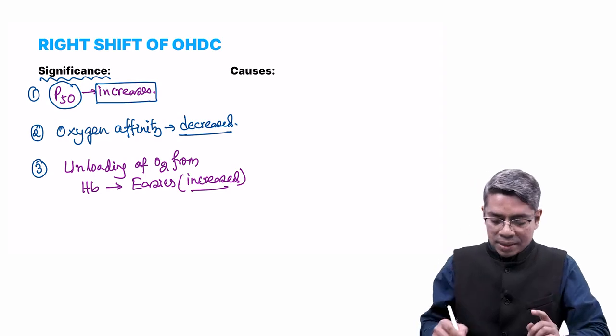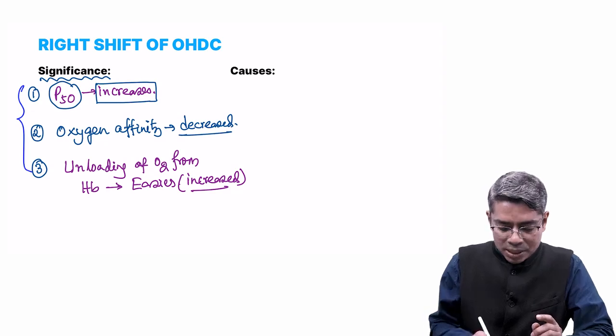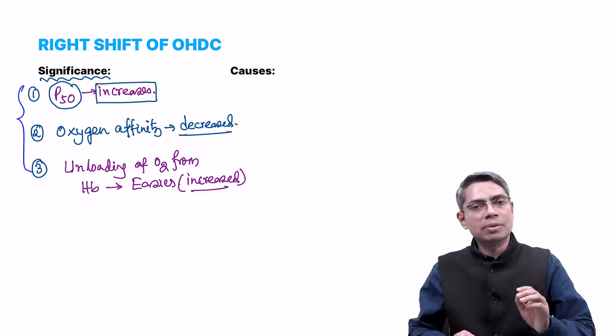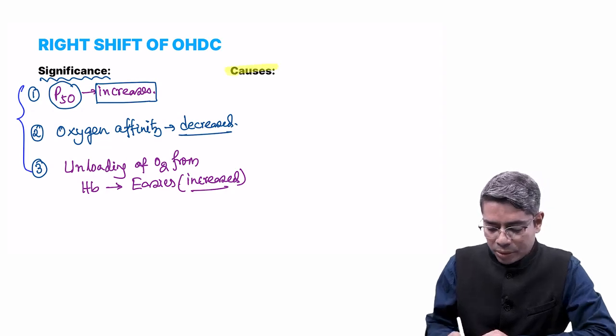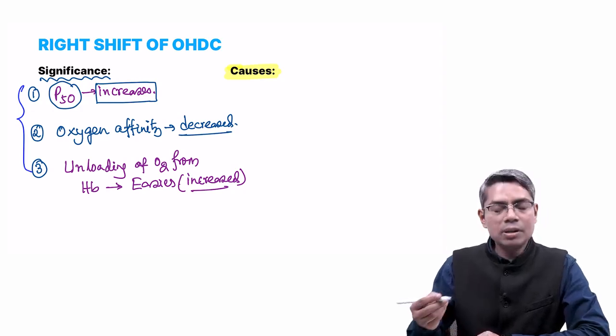So please remember these three important significances of right hand shift. Right hand shift means P50 will increase, oxygen affinity will decrease, and release of oxygen to the level of tissue will also increase. Now, what are the causes of this right shifting? Whenever you get the meaning of the right shifting of the curve, you will try to understand what the causes are.